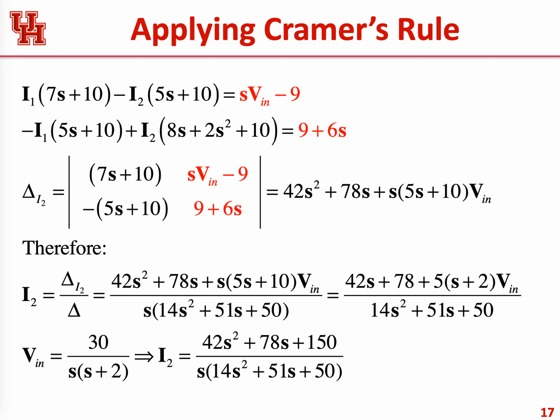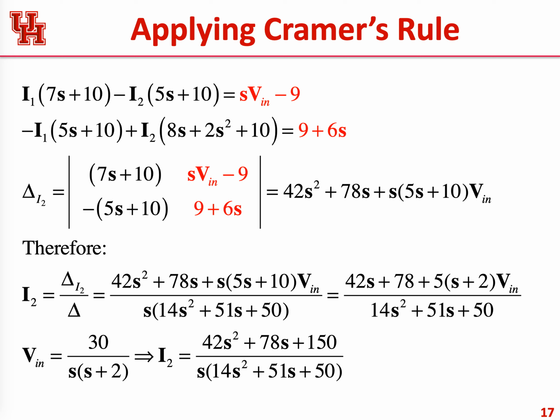Now, if we actually plug in the Laplace transform for Vn, remember Vn was what? 15. So my Vn was 15 times 1 over s minus 1 over s plus 2, right?